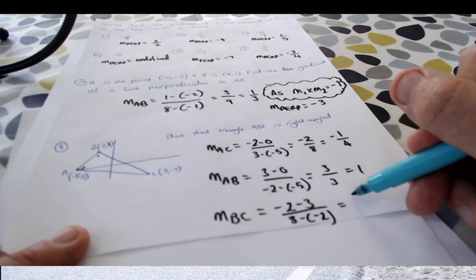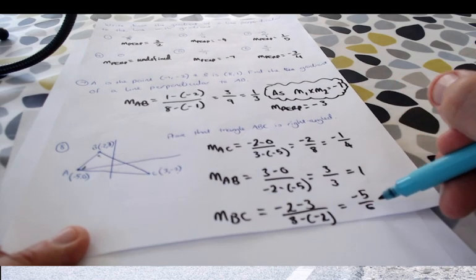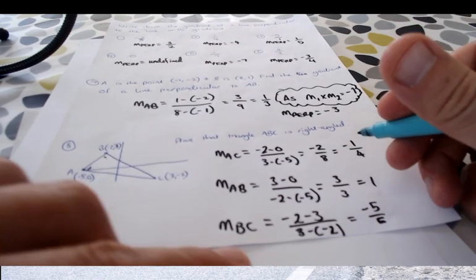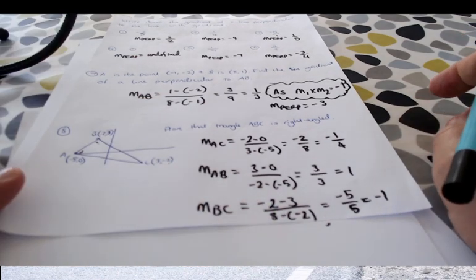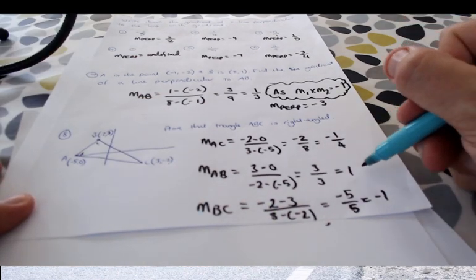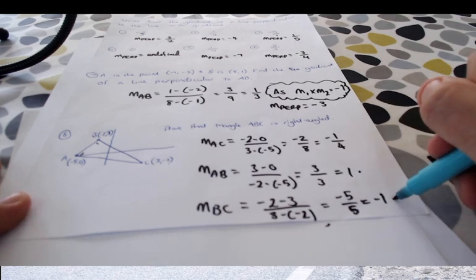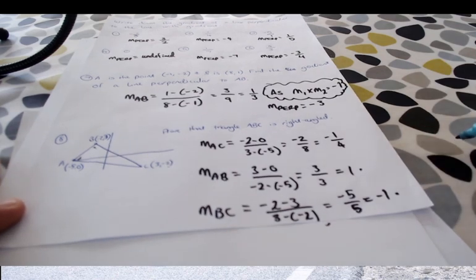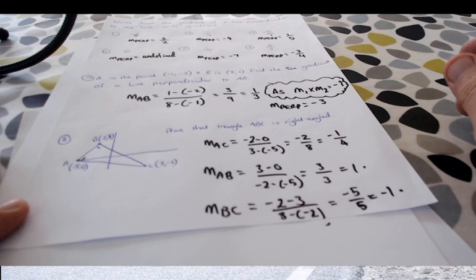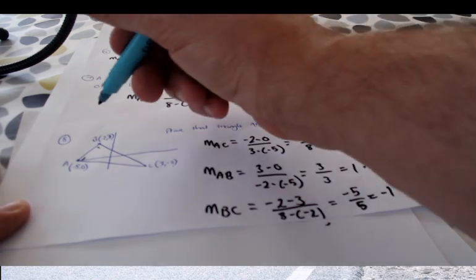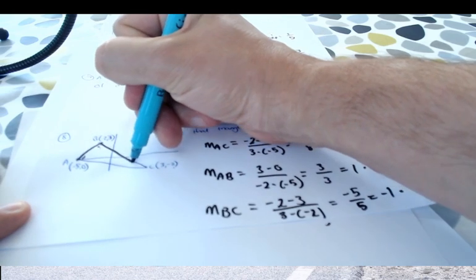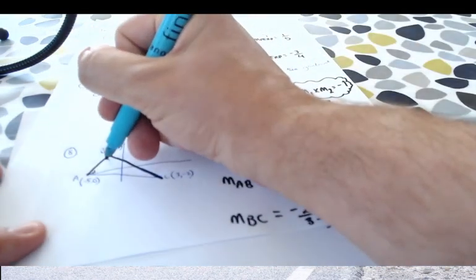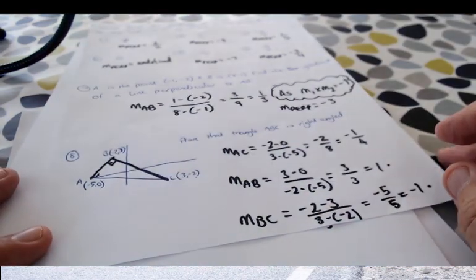So that's -5/5, which gives me -1. If I multiply those two gradients together, it gives me -1 as my answer. So this triangle is right angled. AB and BC are perpendicular, so the right angle is up there.